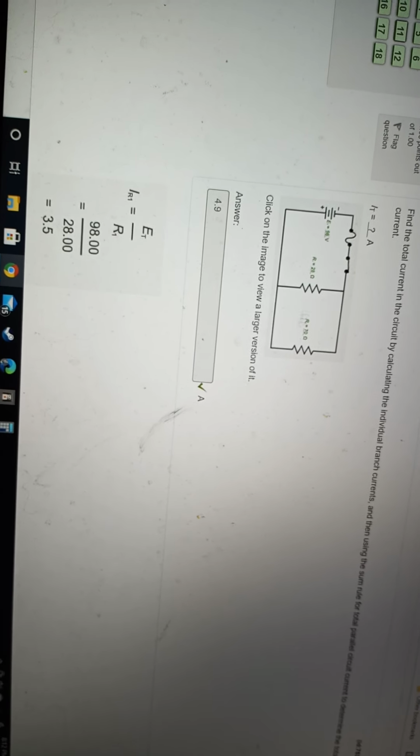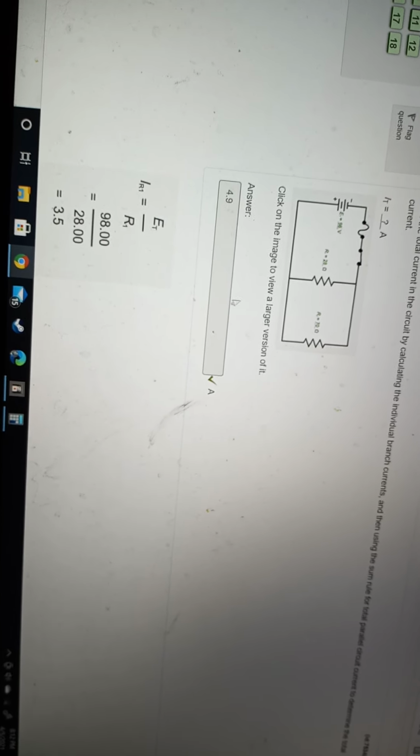You could have gotten the total resistance here and divided it into this 98, and you would have also gotten the answer that way. But in the future, you can use the product over sum to merge these two together so you have one resistance value, because sometimes these can get really complicated. Let me see if I can get to that in another chapter in the book, in this recording. But let's continue.